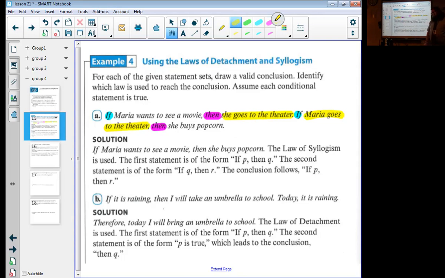That means that our new statement is the combination of these two.